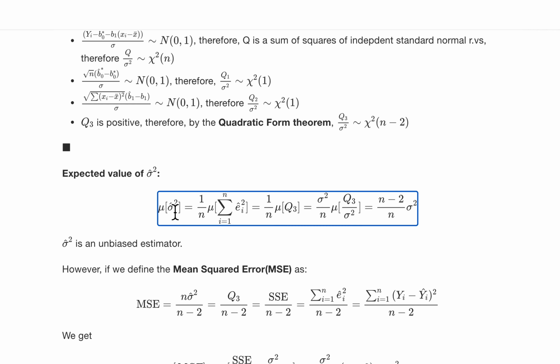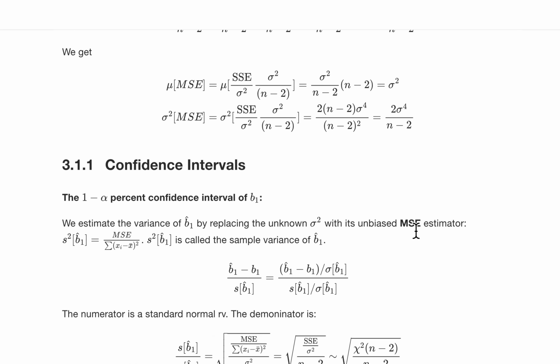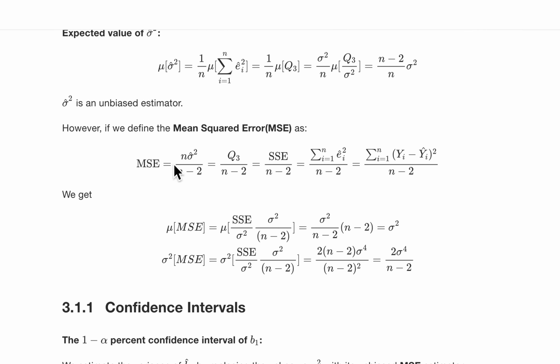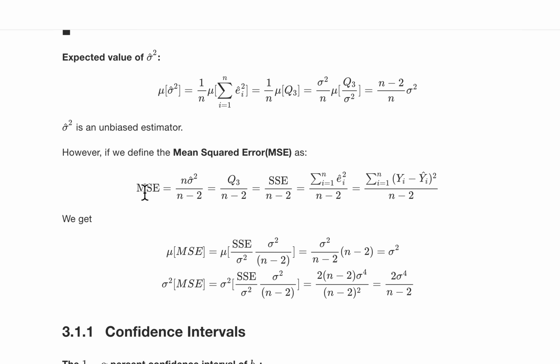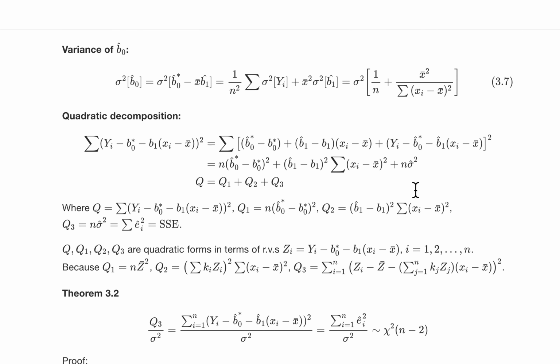And we'll see that sigma square hat is actually not unbiased, it's a biased estimator, but it's a consistent estimator of sigma square. But unbiased is, in most cases, better. So we're going to soon prove that the mean square error is actually a better estimator of sigma square. So let's go through.